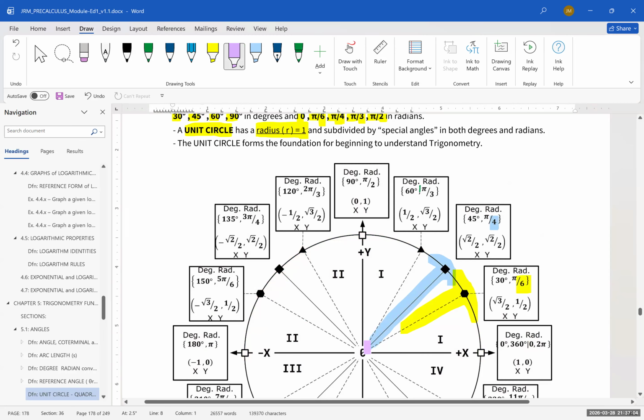And here at this terminal side, where the terminal side hits the unit circle, I used a point that's a triangle, and a triangle has 3 sides. So I tried to give you a visual to also help you see where those different denominators should go for the measurement of radians.